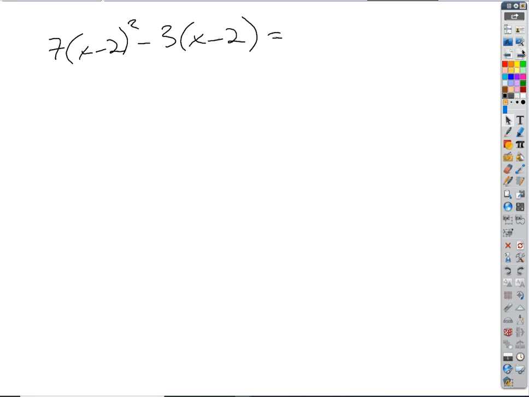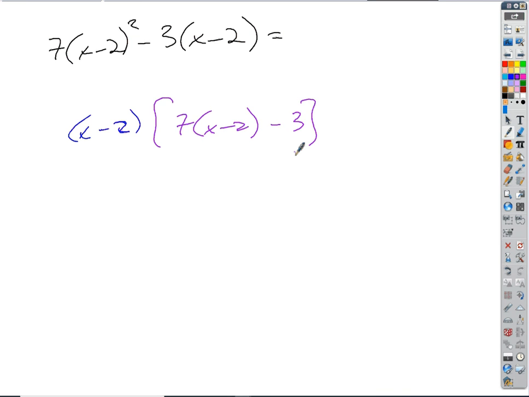How about this one? Let's factor this guy. Good, and that's the point, we can take out an x minus 2. And what's left behind if we do that? 7 minus 3, that works too.